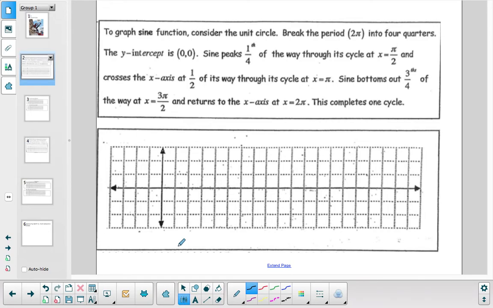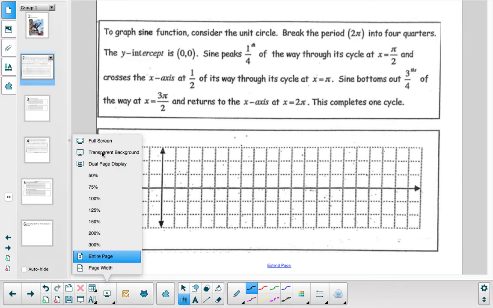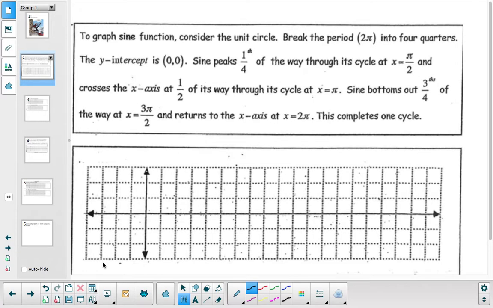So graphing sine, think about the unit circle when you're doing this. Thinking about that, we're starting at 0 with sine, and it starts to increase as I'm going up the unit circle.